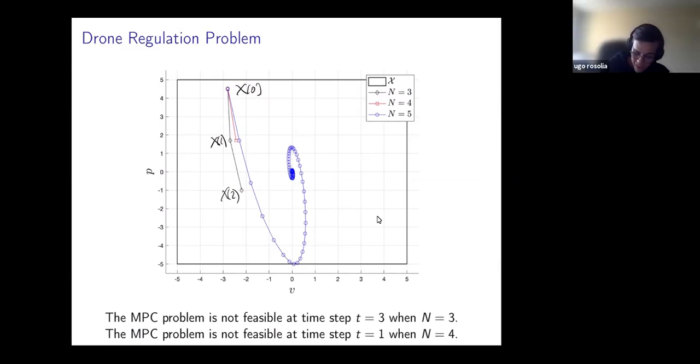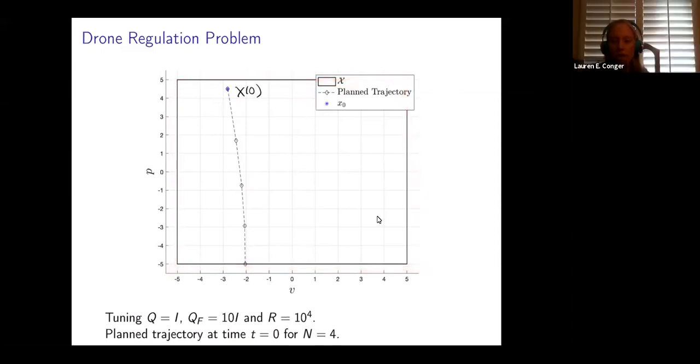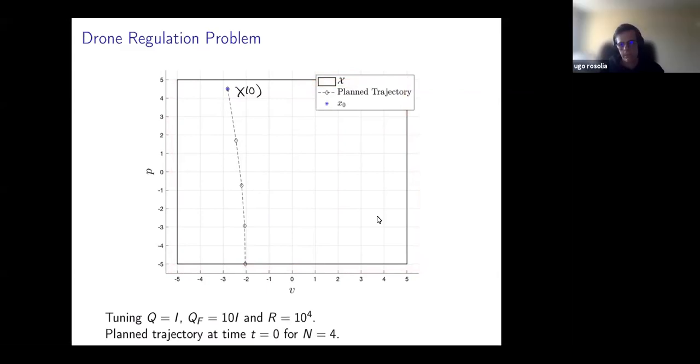Yes, but the terminal constraint right now is our terminal set. So what you want to do is be more conservative and force your plan to go close to the origin. Our terminal constraint in this case was calligraphic X, so it was our safe region. I see. So it wasn't actually the origin? Yes, exactly. Oh, thanks. Okay, that helps.